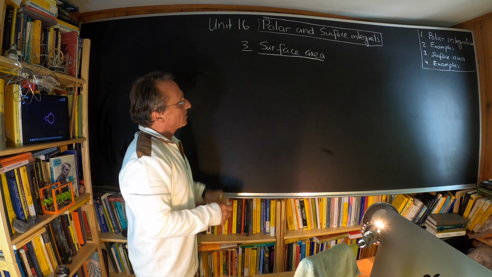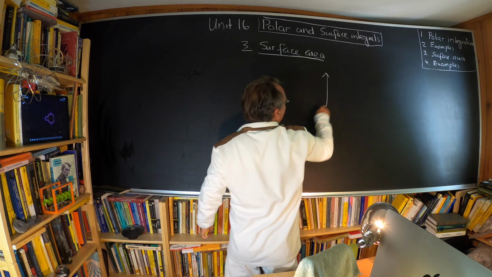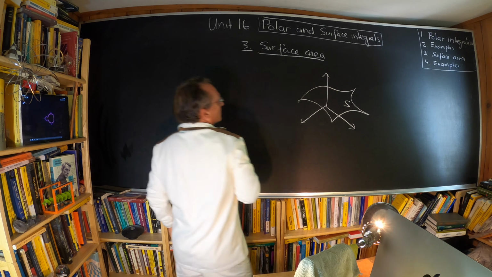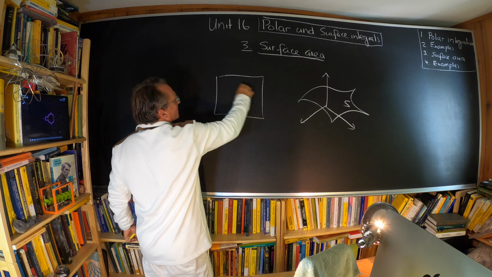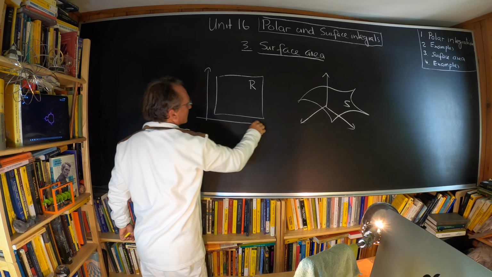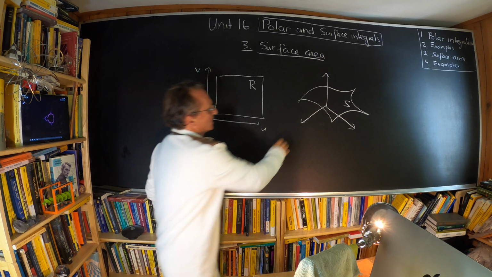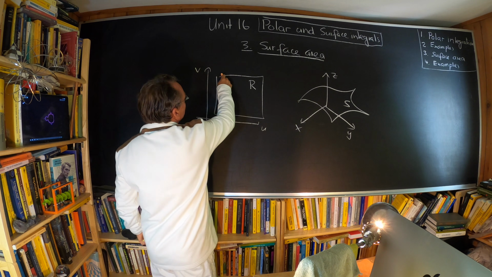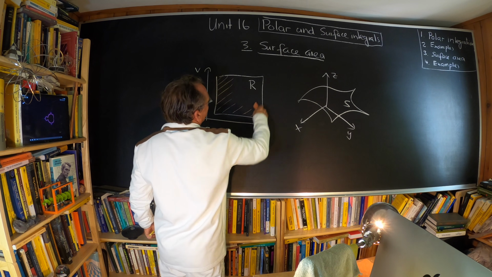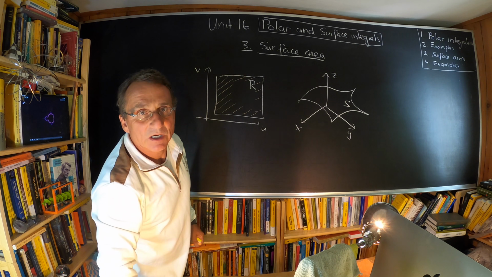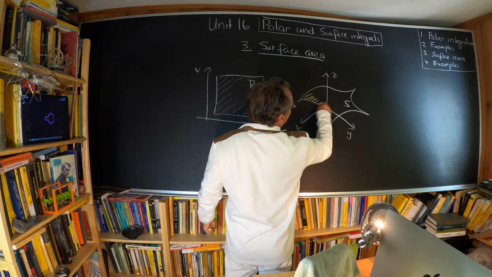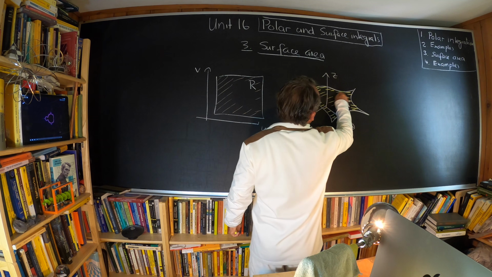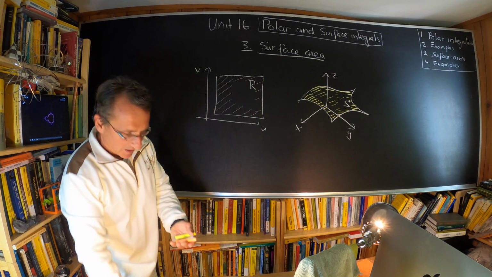Okay, let's look at the setup. We have a surface in space, which is parametrized by some parameters. Usually we have called these u, v, and that's x, y, z. So what happens is this region here is mapped into a surface, and we have parametrized that.